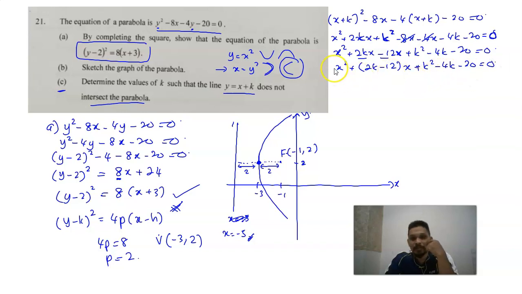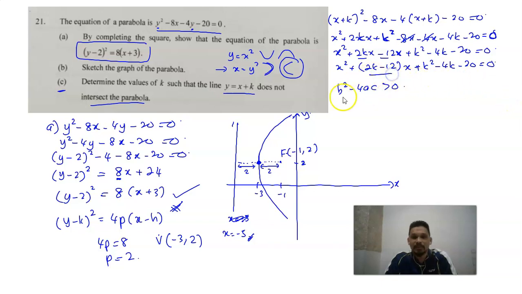So the coefficient of x squared, a, equals 1, the coefficient of x is 2k minus 12, and c is k squared minus 4k minus 20. If this line does not intersect the parabola, we use the term b squared minus 4ac greater than 0.